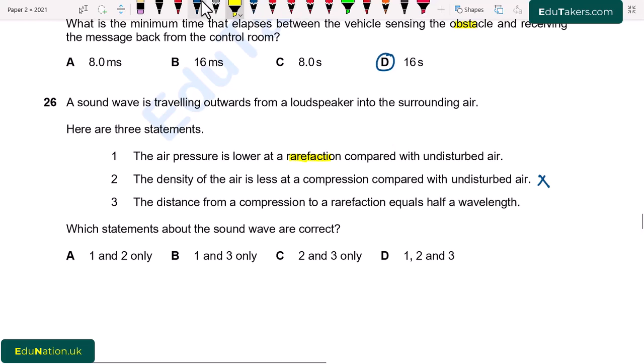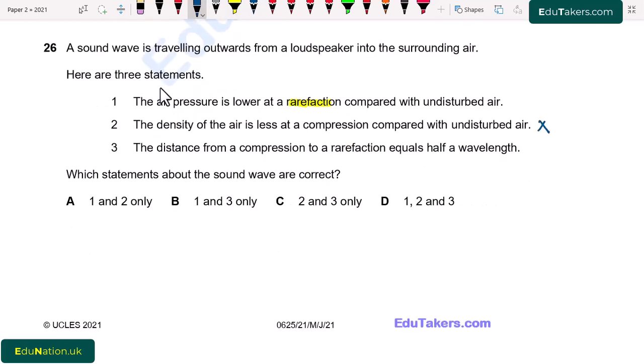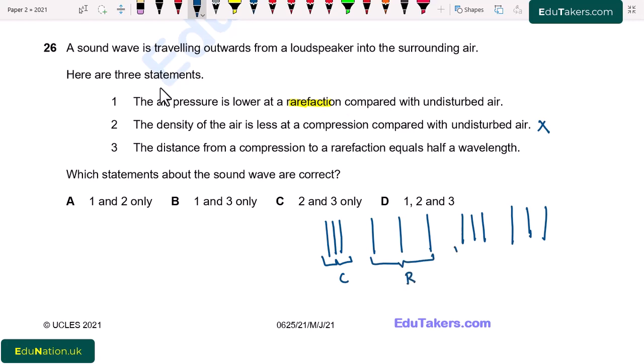When I draw the diagram here, compressions are the regions where molecules are closer, while in rarefactions the molecules are apart from each other. By seeing this figure, we can see that this is compression, while here is rarefaction. Again there is compression and it is rarefaction. It means that the distance between two consecutive compressions is equal to the wavelength.